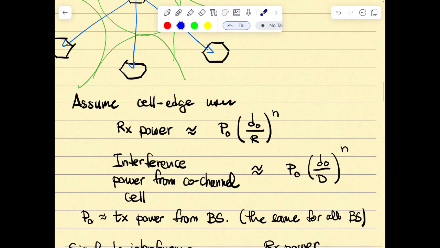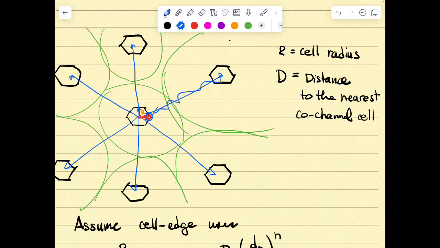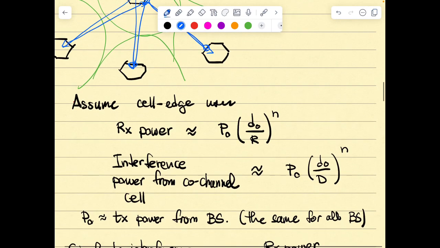How about the interference? The interference is coming from all the other cells. For example, if we are looking at the user here, they're also getting the same signal on the same channel from all the other six co-channel cells.